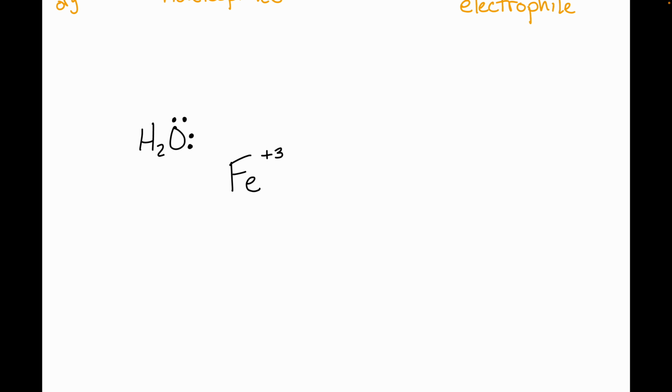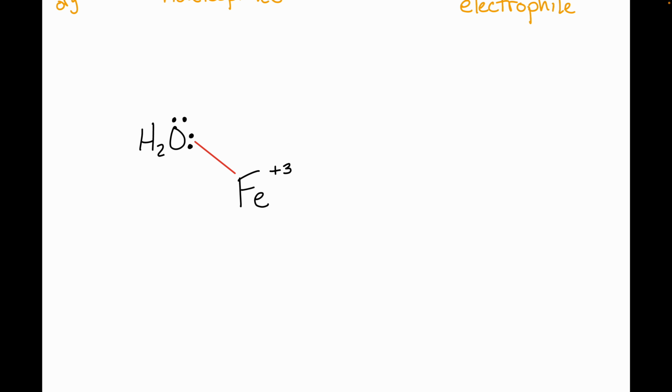So let's think here. This transition metal ion right here, is it electron-rich or electron-poor? It's electron-poor because of that positive charge. But water's sitting over here with its lone pair. It's electron-rich oxygen. And so that lone pair will form a bond with that transition metal ion.